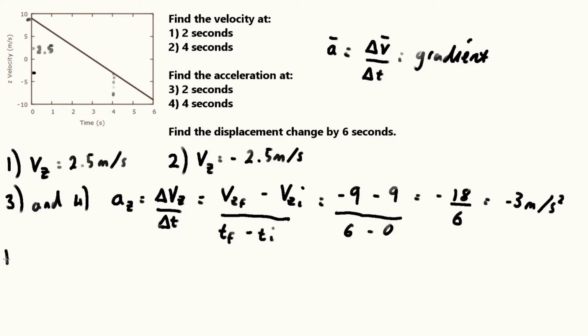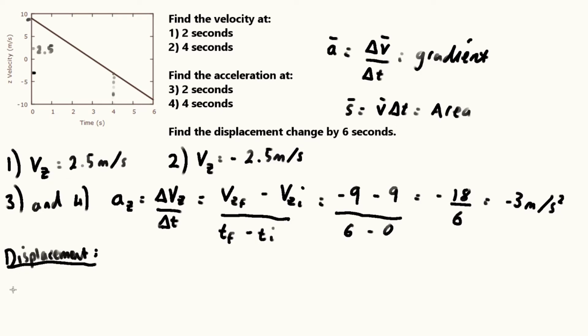Lastly, we need to answer the displacement change question. I'm going to denote displacement down here, just so we can corner it off from the rest of the work. We know from earlier that the displacement is equal to the velocity times the change in time, or the area, in other words.